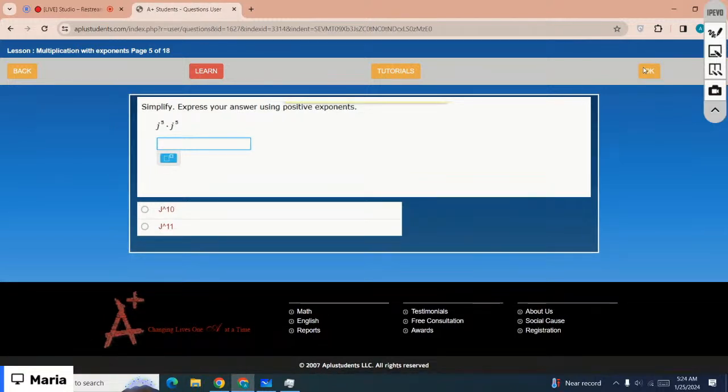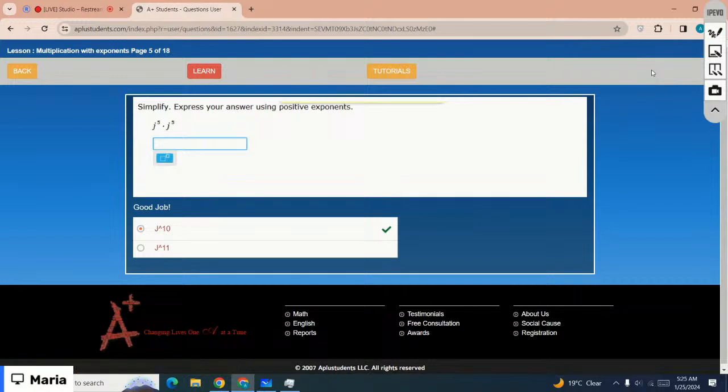The next one is j exponent 5 times j exponent 5. So which is the correct option? That is j exponent 10. Got it?